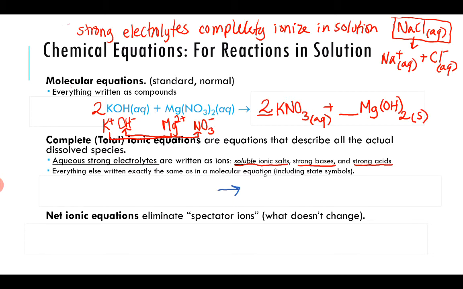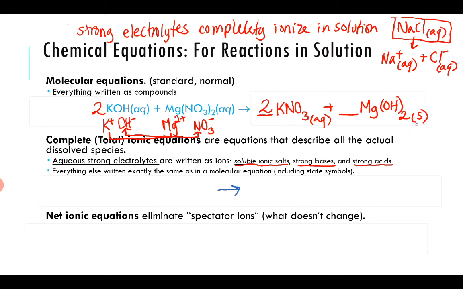First of all, we have to identify in our molecular equation which ones are aqueous strong electrolytes and which ones are not. The first thing you should do is look at the state symbols. If you see an aqueous symbol, wait for now, and we'll figure that one out later.